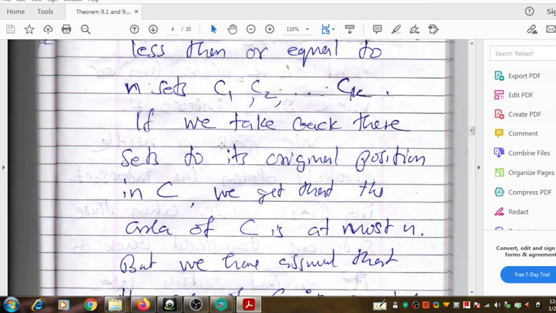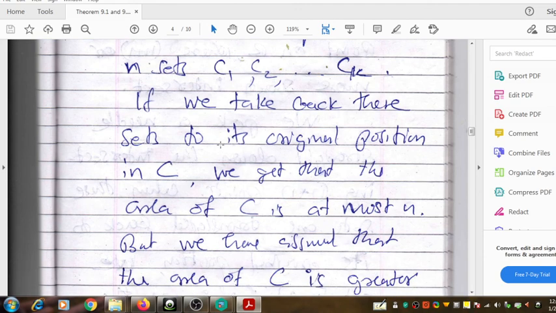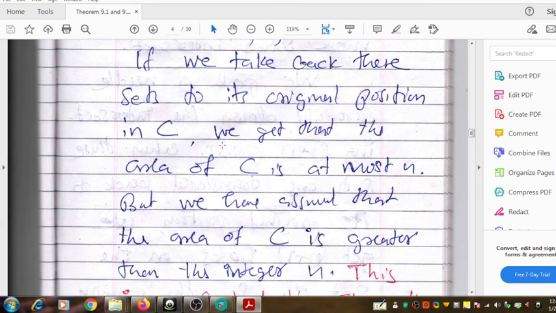Then we take these sets back to their original positions in C, and we get that the area of C is at most n. The area of C cannot cross the number n, and thus we get a contradiction to the fact that the area of C is greater than n.